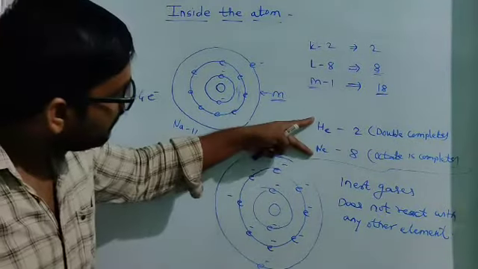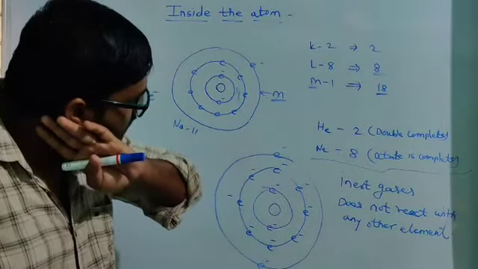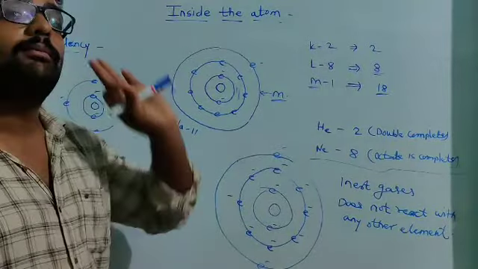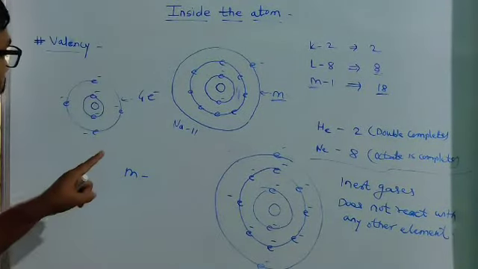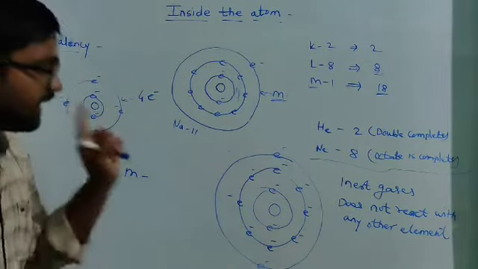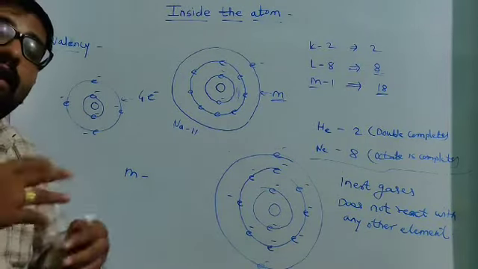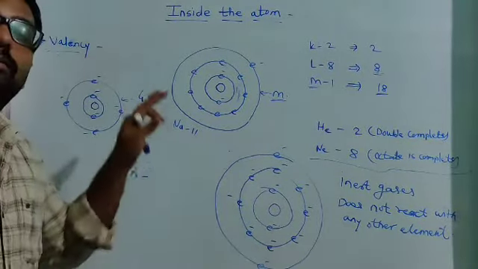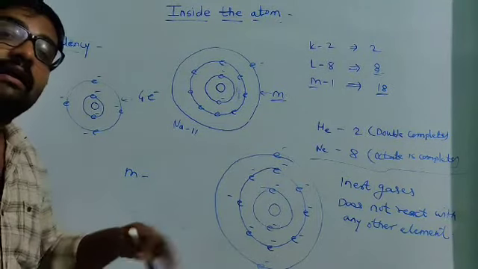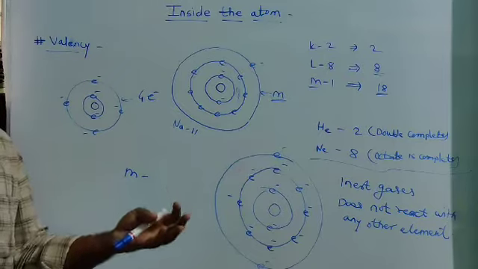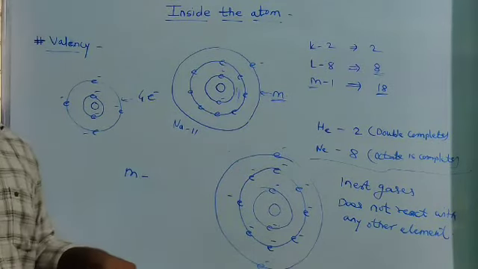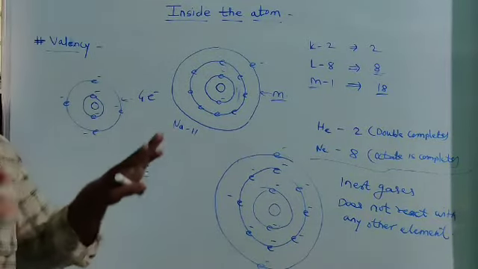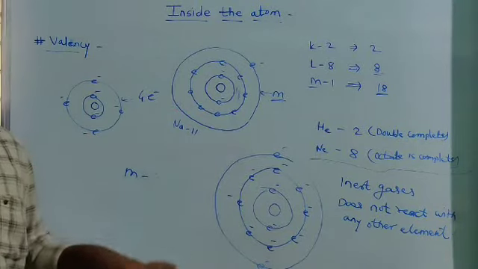Helium and neon do not react with any other element because their outermost shells are completely filled. But sodium, carbon, magnesium, oxygen and other elements do not have a completely filled outermost shell. That is why they react with other elements, and by reacting they complete their doublet or octet. Then they get to a minimum energy state.